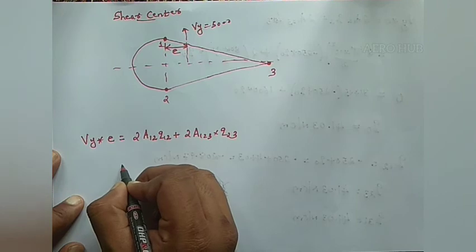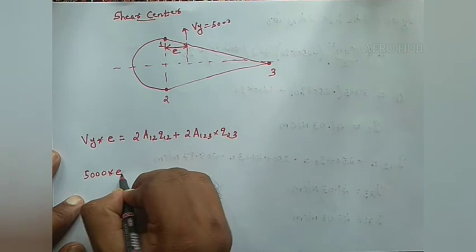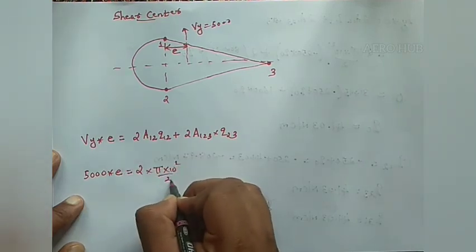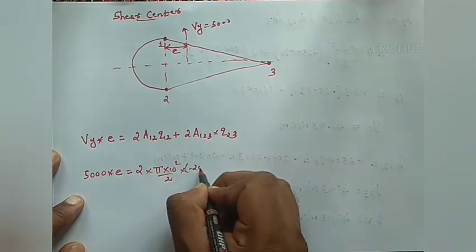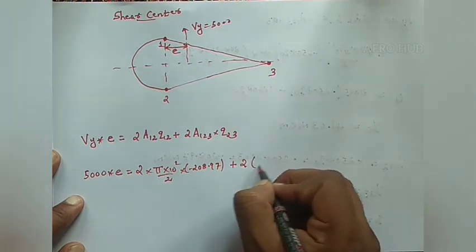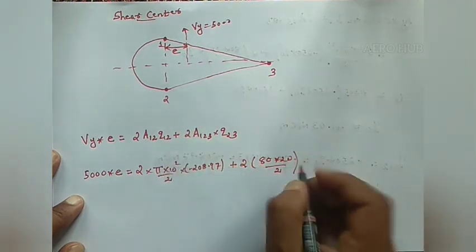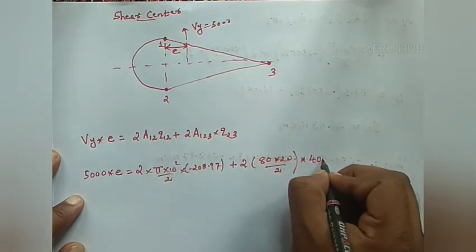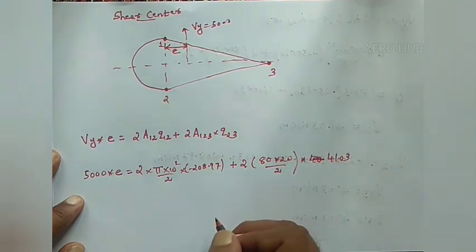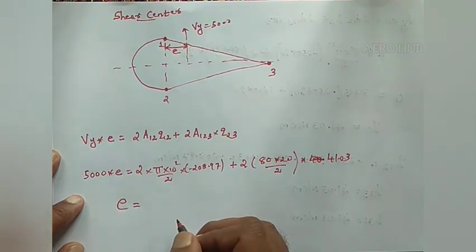So Vy is 5000. 5000 into E is equal to 2 times the area pi 10 square by 2, and Q12 is minus 208.97, plus 2 times 80 into 20 divided by 2, that's the area A123, and Q23 is 41.03. Okay, my mistake.